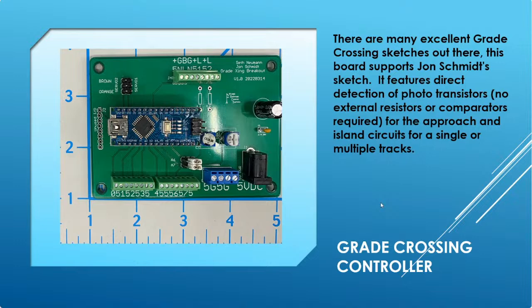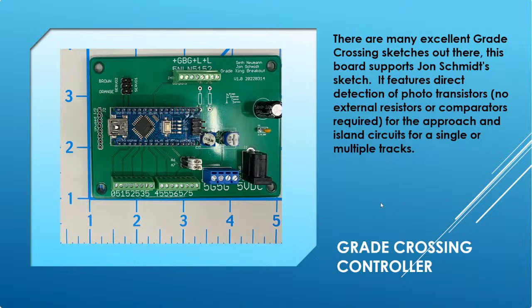Jeff Bunz's is pretty well known. And John wrote one, and basically John's does all the normal grade crossing stuff. But again, the sensors are read directly by the Arduino, so you don't have to have a complete detector, which might cost you $15 or $20.